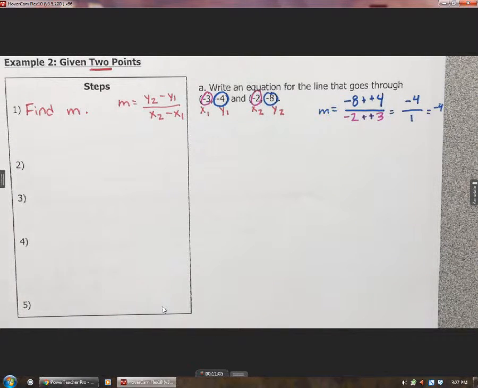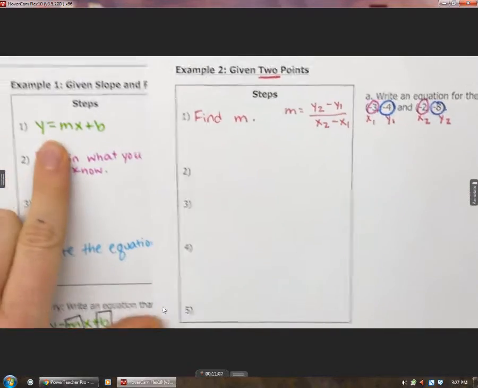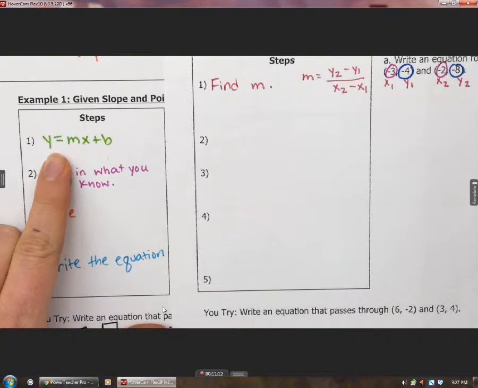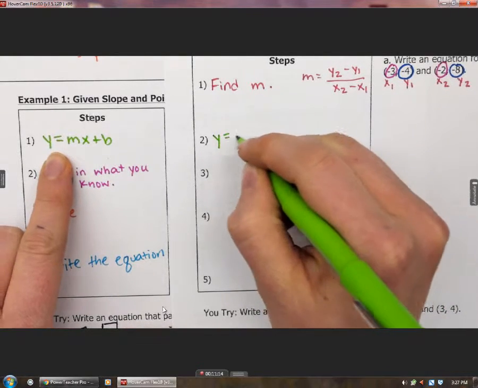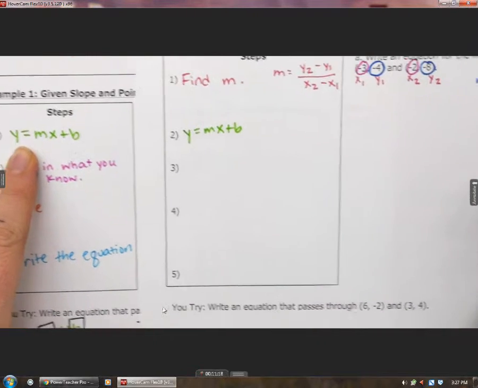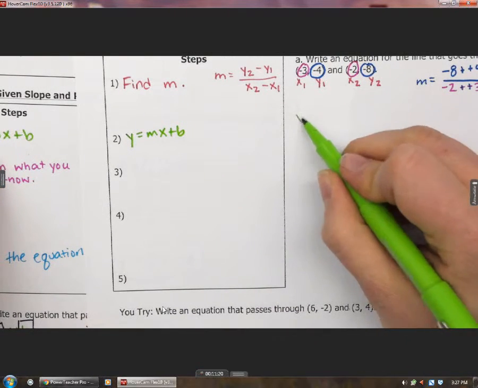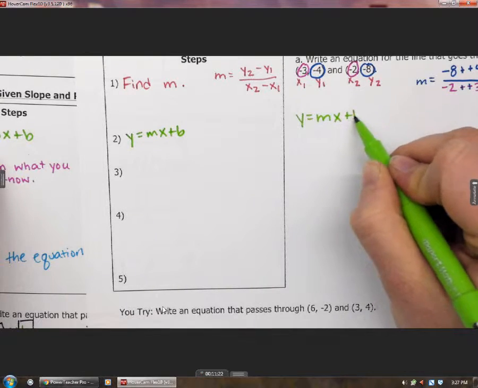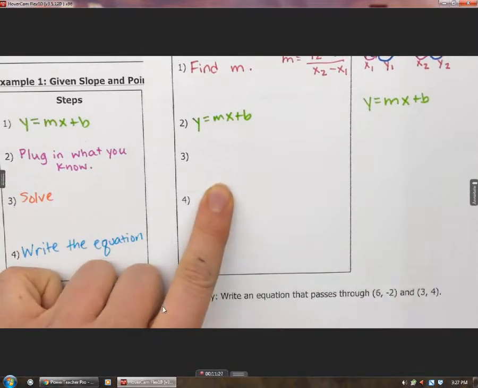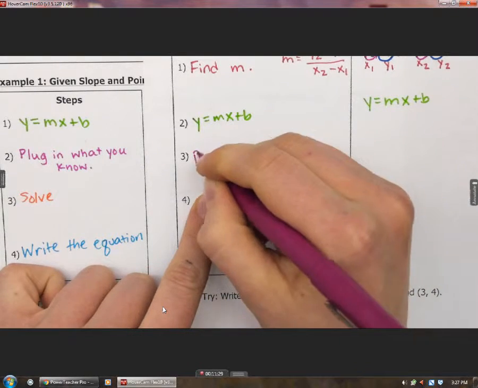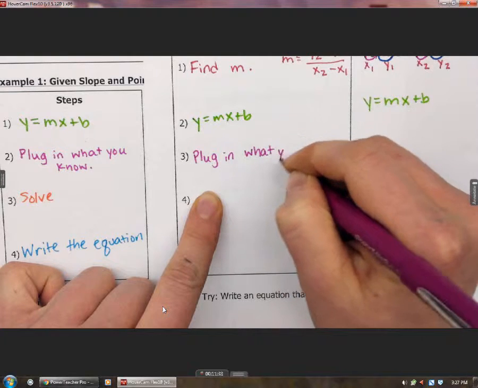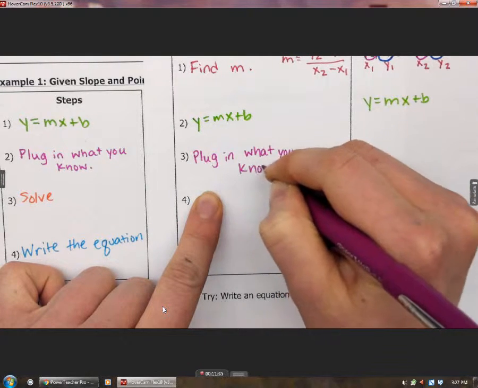My second step was just like before. Y equals mx plus b. We plugged in what we knew. Same thing here. Plug in what you know.